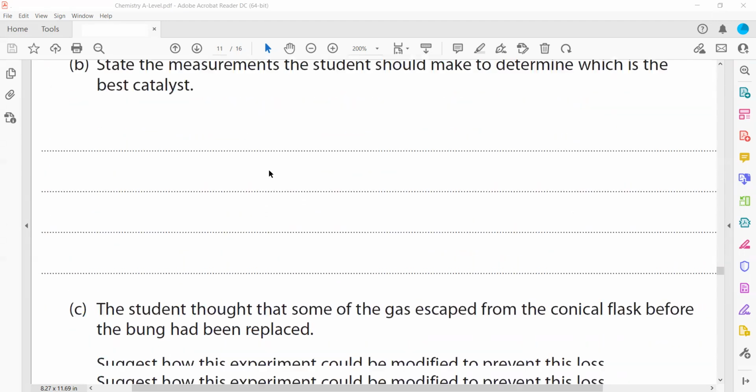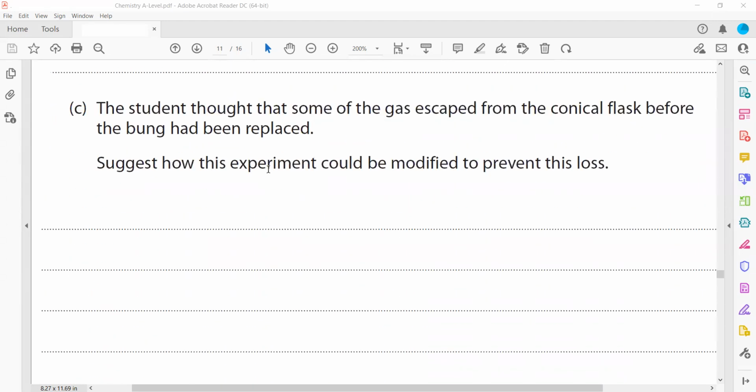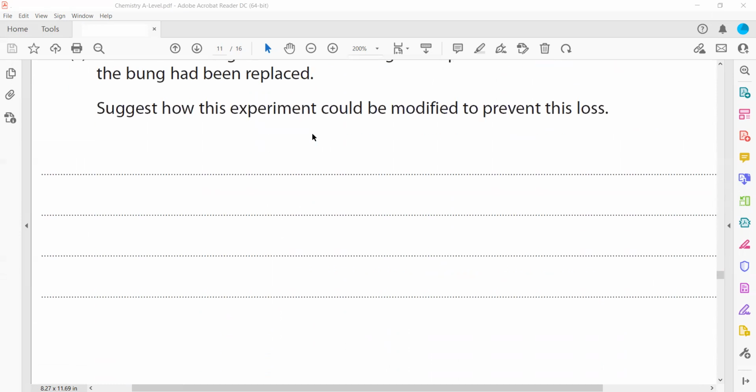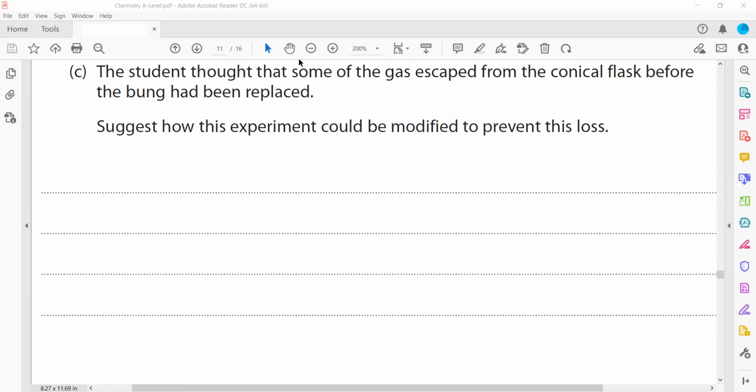So in this part, the student thought some of the gas might escape before the bung was replaced. Suggest how this experiment could be modified to prevent the loss of the gas. We can place the solid into a small test tube, attach a thread, and knock it over.